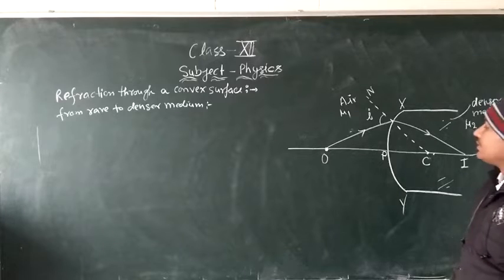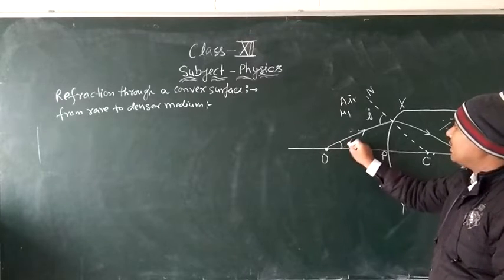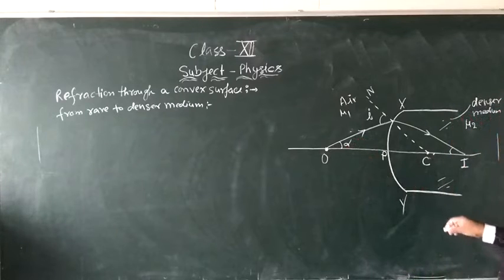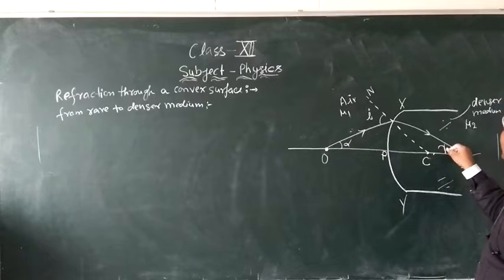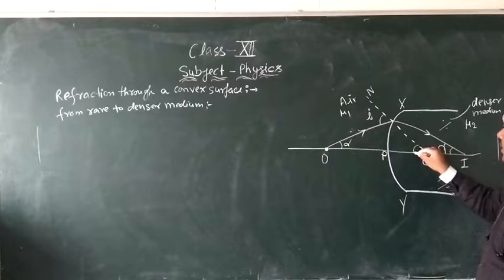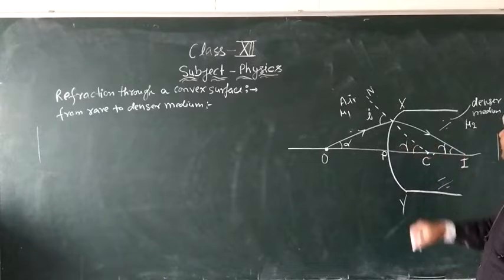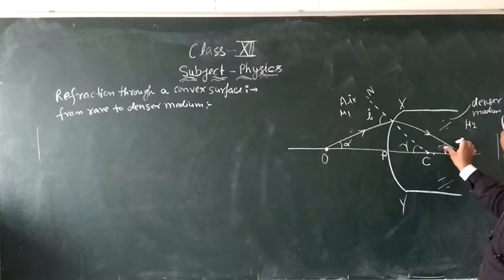Let the incident ray make angle alpha, the refracted ray make angle beta, and the normal make angle gamma with the principal axis.